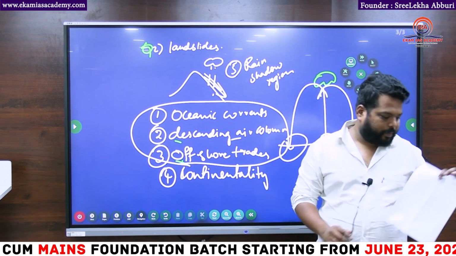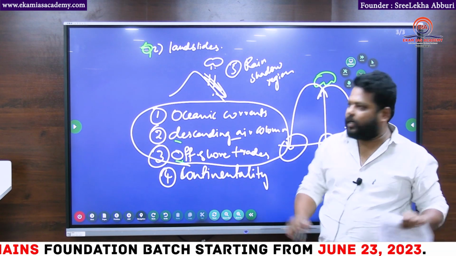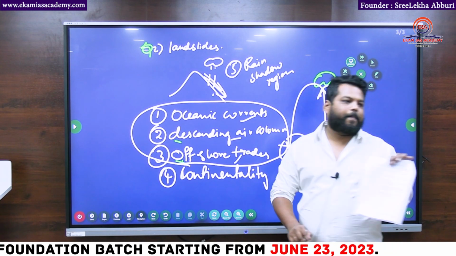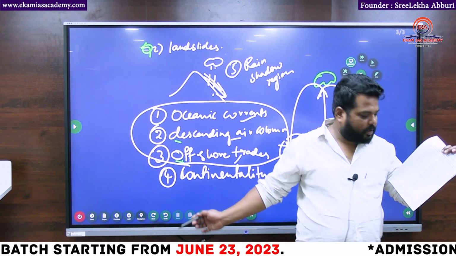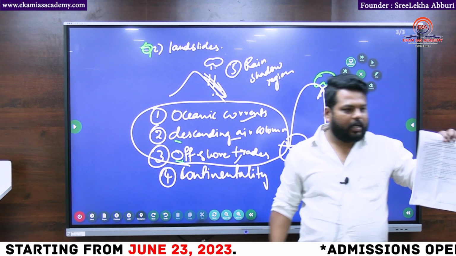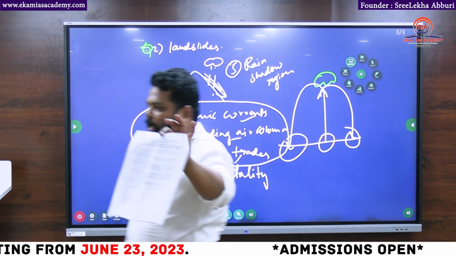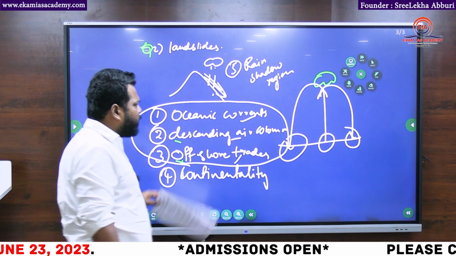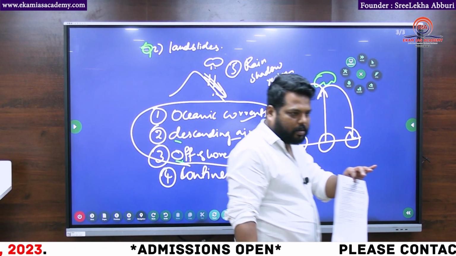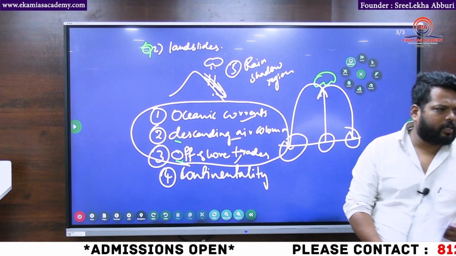Descending air column, and on the western side of continents, offshore trade winds, subtropical high pressure, descending air column, oceanic currents. In this answer, rain shadow effect has been given. But is rain shadow effect suitable for this question? What is rain shadow effect?